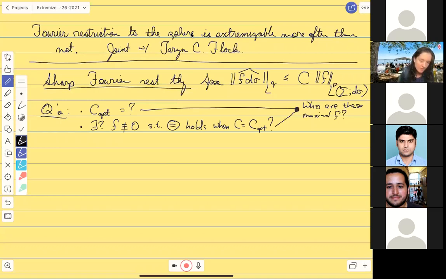Other questions one can ask related to this: first, do extremizing sequences, that is, sequences that saturate the operator norm, have subsequences that converge modulo symmetries?